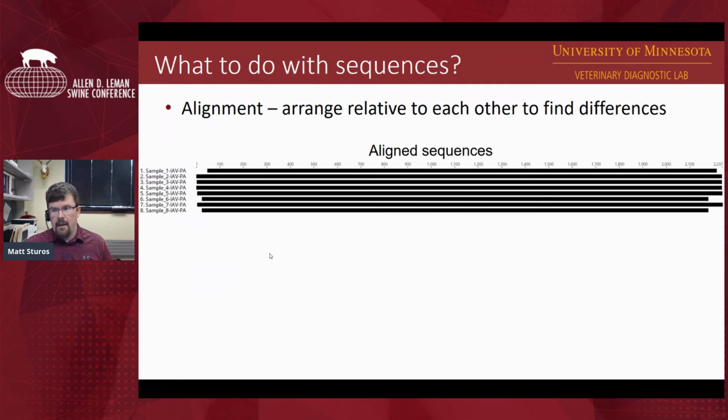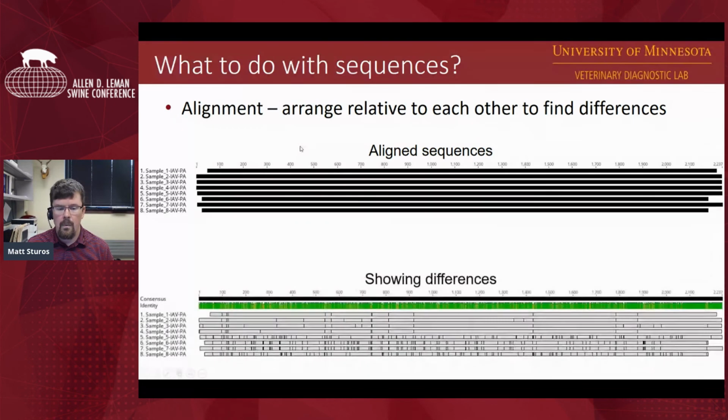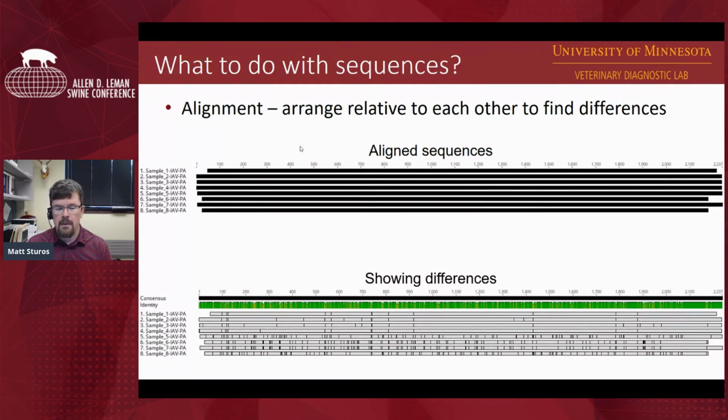So once you have it aligned, then it becomes a little bit more important to try to tell how they are different. So we know that these sequences are different lengths, but this graphic isn't showing you any additional information. So this image right here is showing you differences. This is the same alignment, but now I've added in the ability to see where there might be polymorphisms or changes in the sequence.